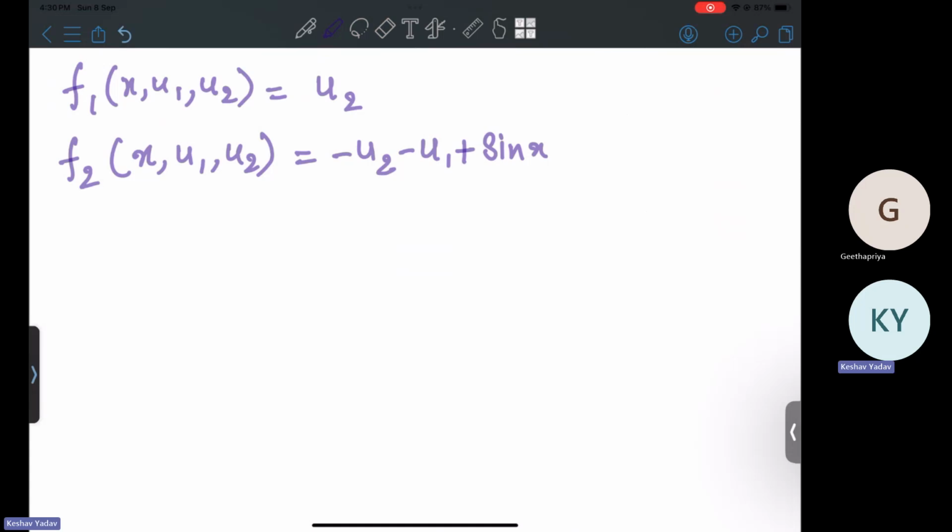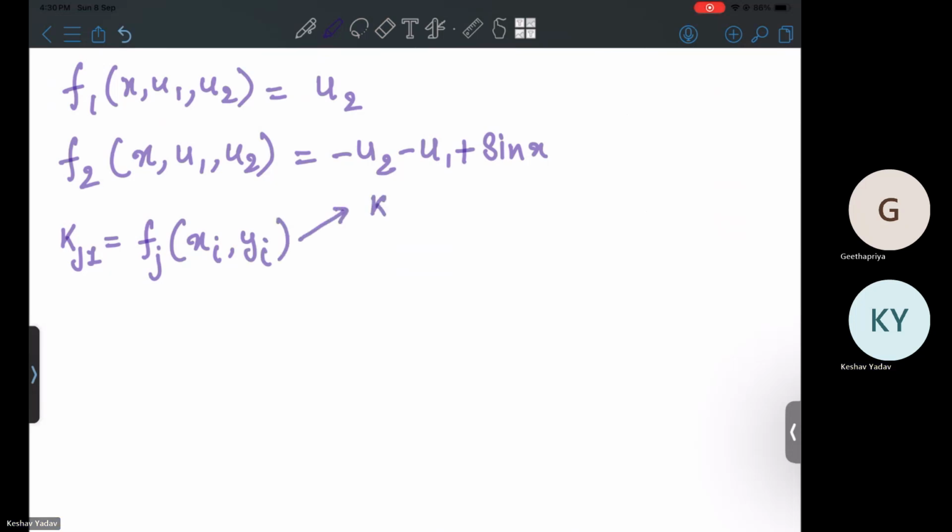Now from here, first kj1. j is the equation number, and 1 is the k number. So kj1 will be f of j, x_i comma y_i. Okay. So k11 will be equal to u2 at i.